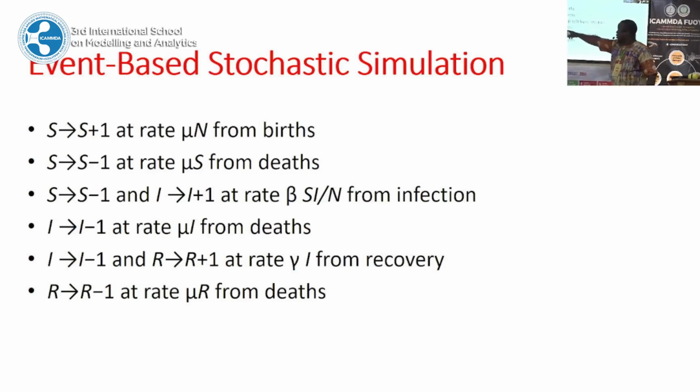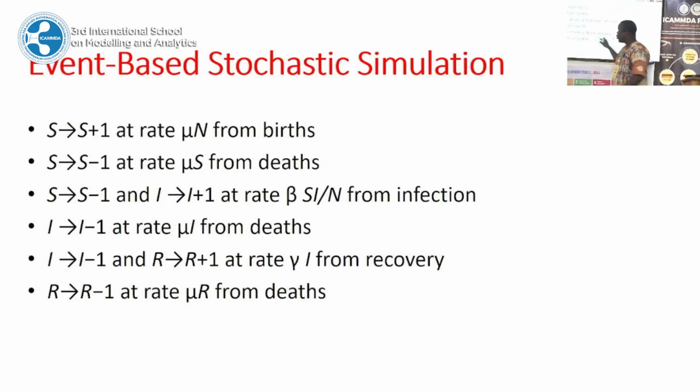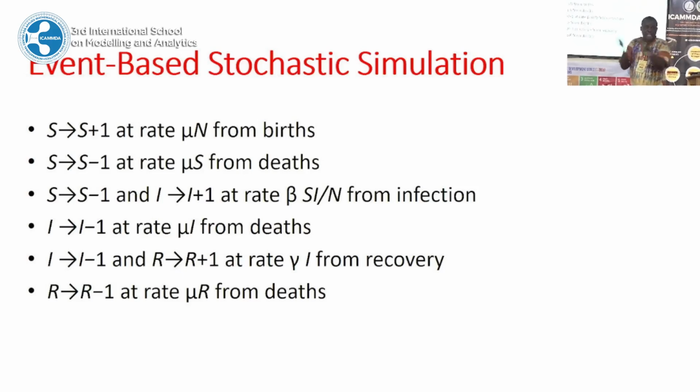And then for this other class, I minus 1, the next one in the I class, what happens? People are leaving. So you also have here two things joining two classes together. So if you have an event that joins two classes together, you have to bring them together. Are you getting what I'm saying now? So what we are looking for are the events.